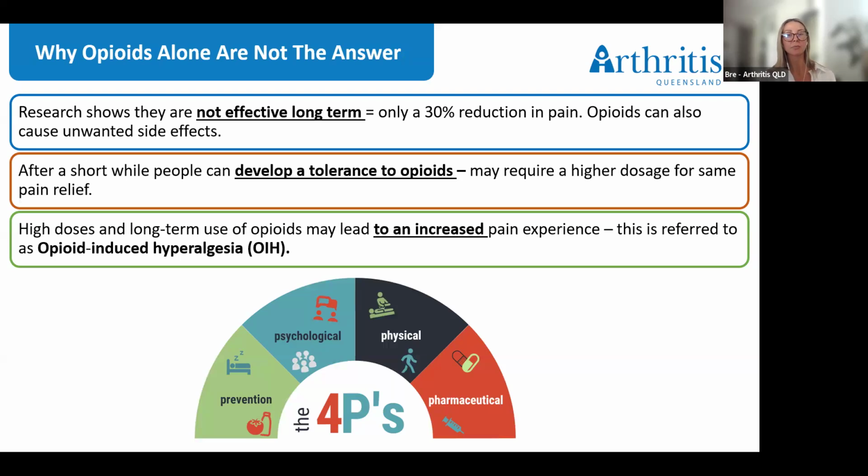chronic pain. So often the most effective way to manage that persistent chronic pain is to not just rely on using medications alone, but also using multiple methods at once. There is not one method that will just work, but it's collectively doing various things that can help you manage pain.